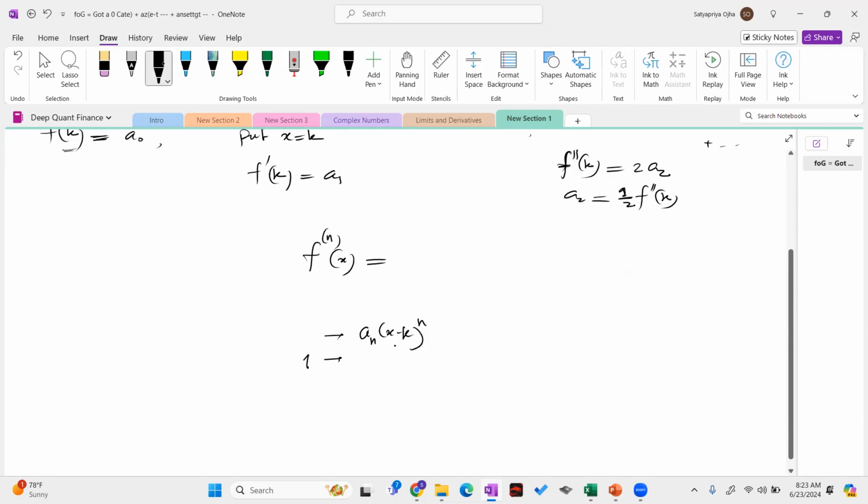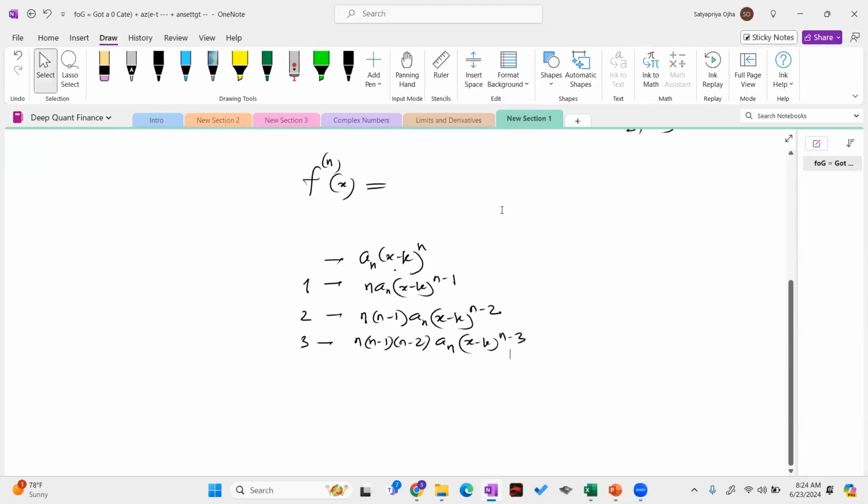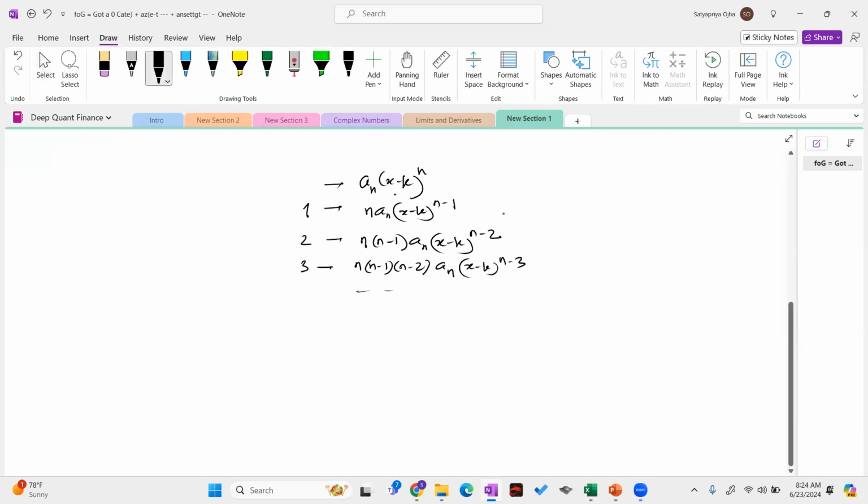Differentiate once, you get n a n (x minus k) to the power n minus 1. Differentiate twice, you get n times n minus 1 a n (x minus k) to the power n minus 2. Differentiate thrice, you get n times n minus 1 times n minus 2 times a n (x minus k) to the power n minus 3. Differentiate n times, continue this pattern.